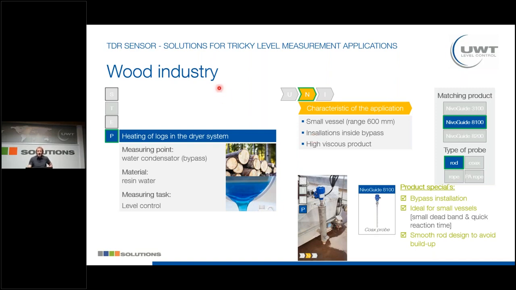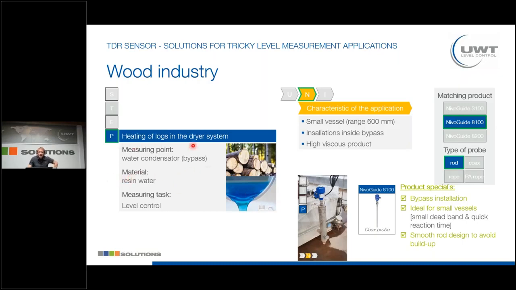So we had one TDR sensor in the wood industry. This was installed in this little bypass tube. So a very small vessel with 600 millimeters. And it was this highly viscous product. So it was resin water.